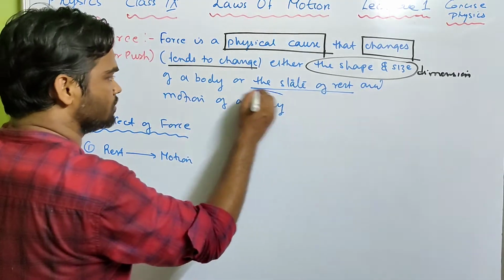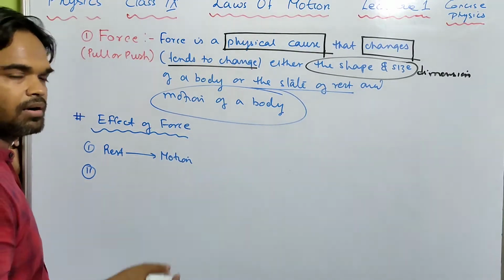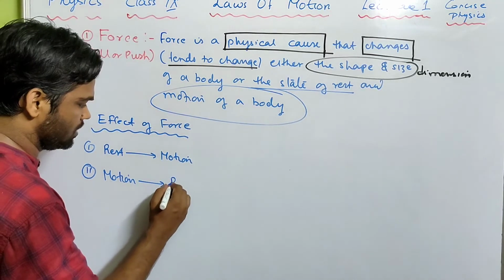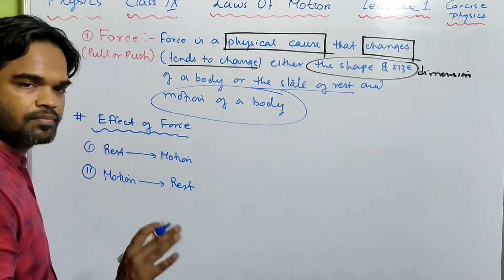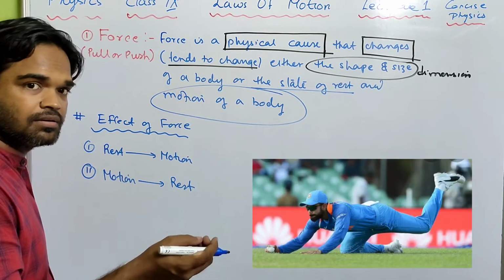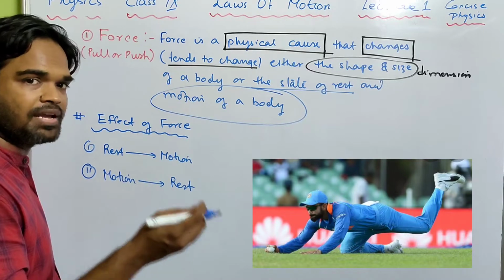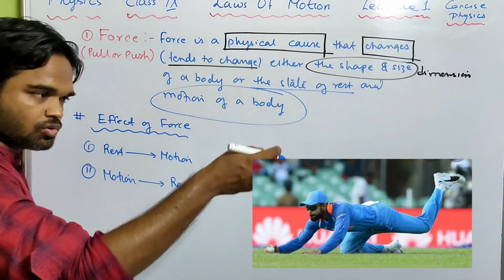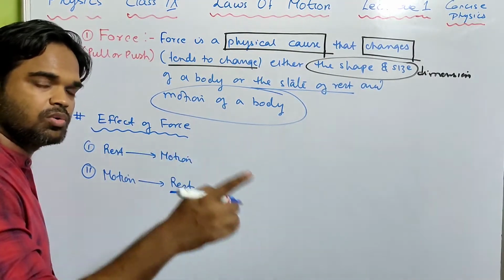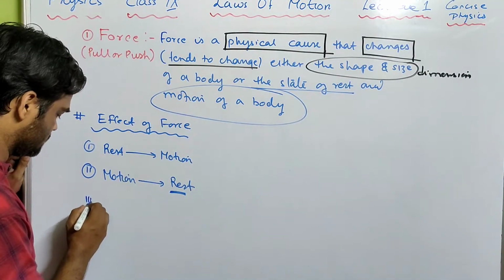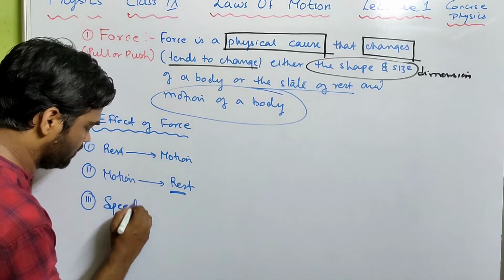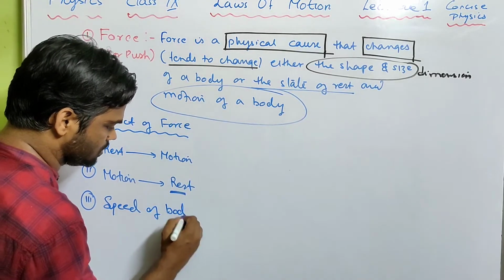Now, state of motion can be divided into many parts. First, if the body is in motion, we can bring the body at rest. For example, if you play cricket, you must have seen the fielder stops the ball by applying force from his hand. So the ball was in motion, its state is changed from motion to rest. Next, we can change the speed of a body in motion.